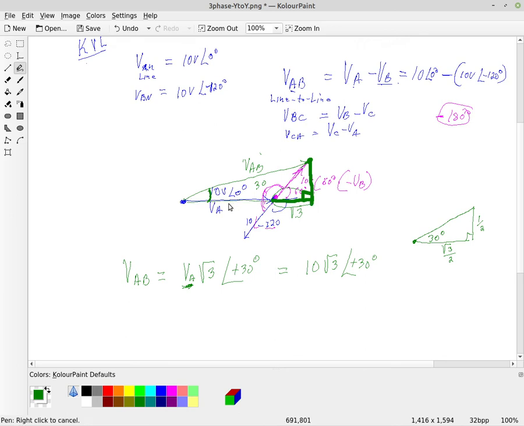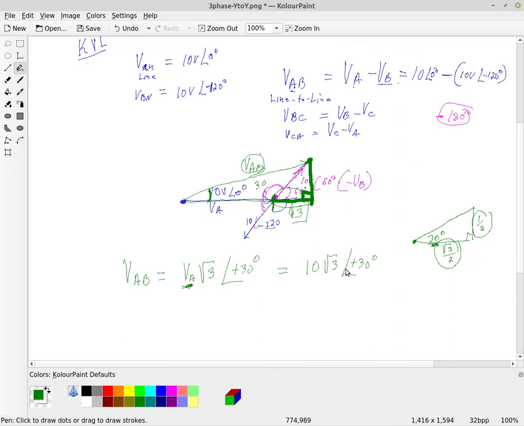So VA was 10, but the magnitude of VAB is the square root of 3 times that value. That's where this square root of 3 comes from. It comes from the sides of a right triangle with a 30-degree phase angle.